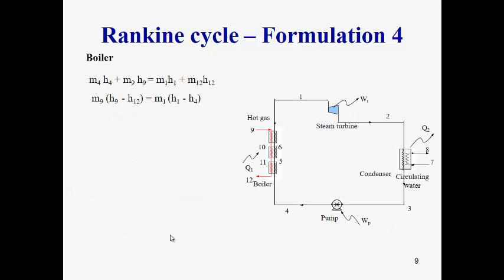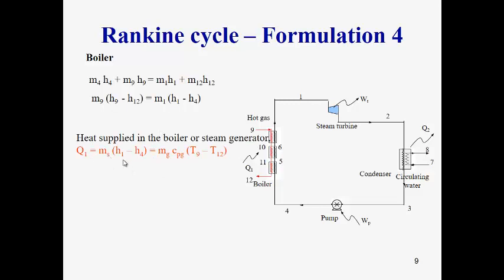The boiler is also a heat exchanger, similar to the condenser. The energy balance in the boiler: at the inlet it is m4 h4 and m9 h9, and at the exit it is m1 h1 and m12 h12. After simplification, the heat lost by the hot fluid is equal to the heat gained by the cold fluid. This is the heat supply to the boiler.